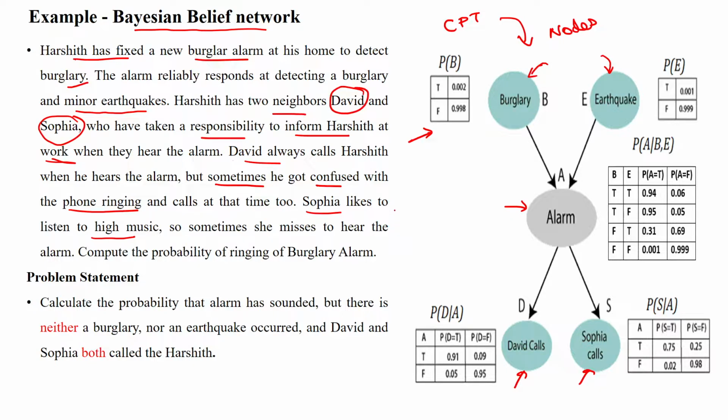So there is the possibility of Sophia missing the alarm ringing sound, and if she misses it, she will not call Harshit. So this is the scenario, and the probability tables give the values.